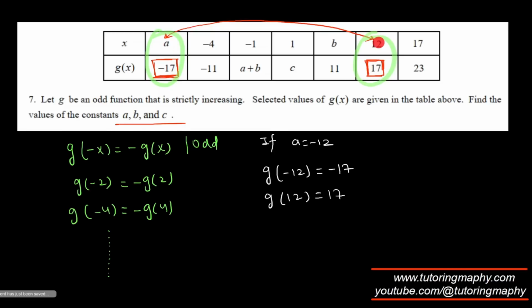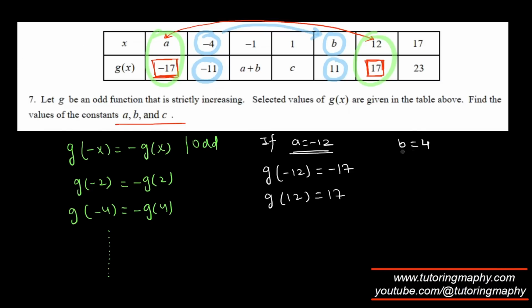So A is right off the bat, it's negative 12, right? Negative 12. So I'm going to mark that. Okay. For B, I think you can see this one, 11 and negative 11, because same y value with opposite sign, it means same x value with opposite sign. So B should definitely be 4 over here by that logic.